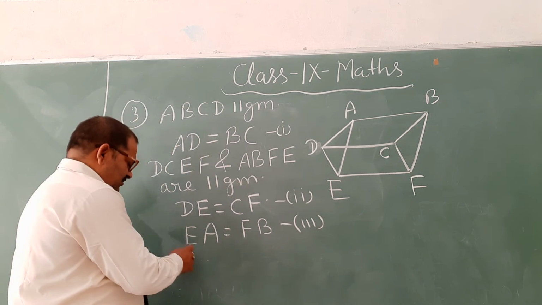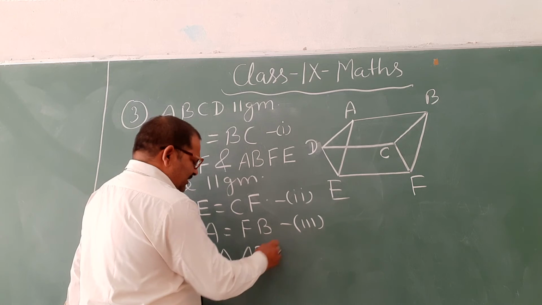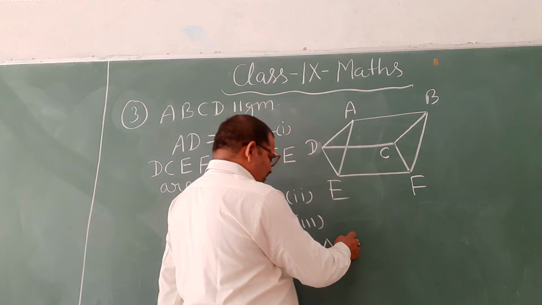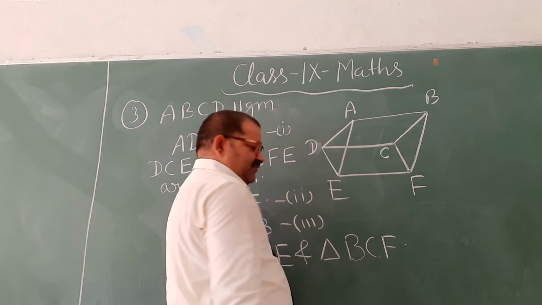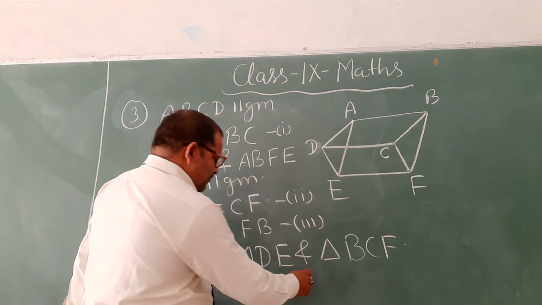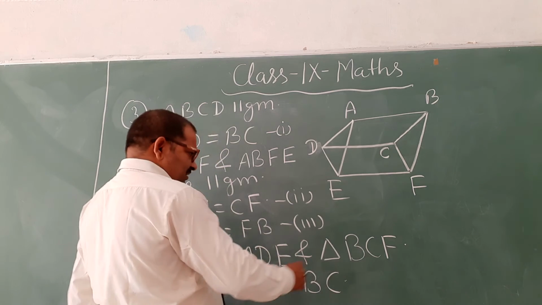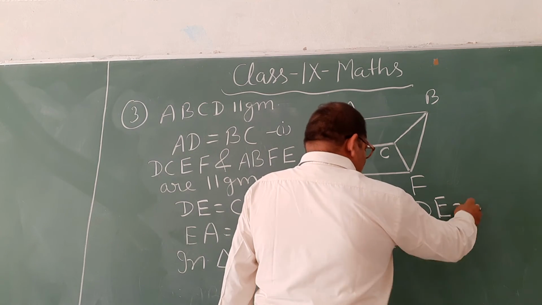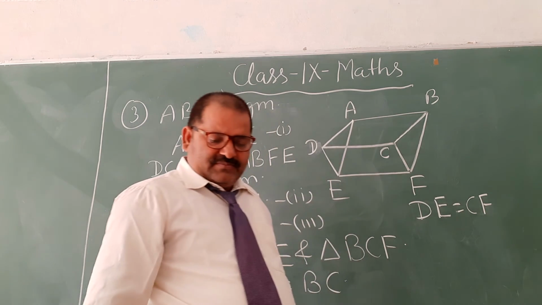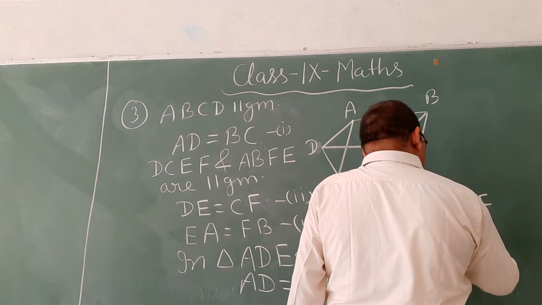In triangle ADE and triangle BCF, AD equal to BC, DE equal to CF, and EA equal to FB.